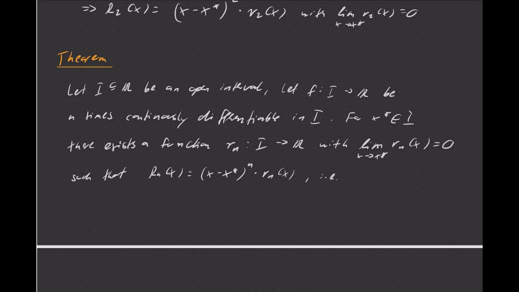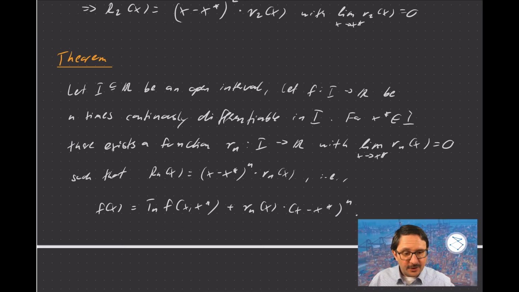Or in other words, we can write the function f as the Taylor polynomial of order n plus that remainder, which is again of the form Rn of x times x minus x star to the power of n. That gives us at least a qualitative assessment of the approximation quality of our Taylor approximation.